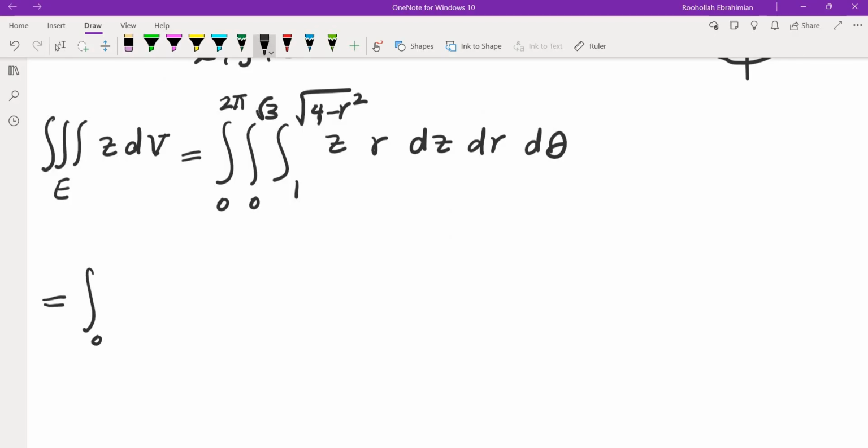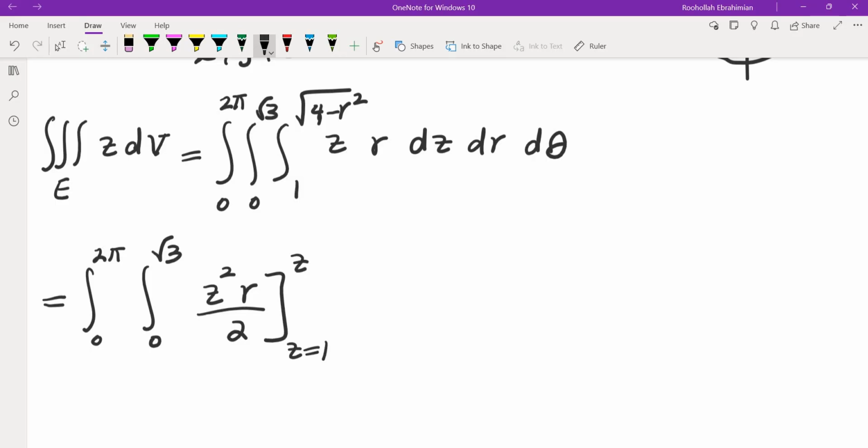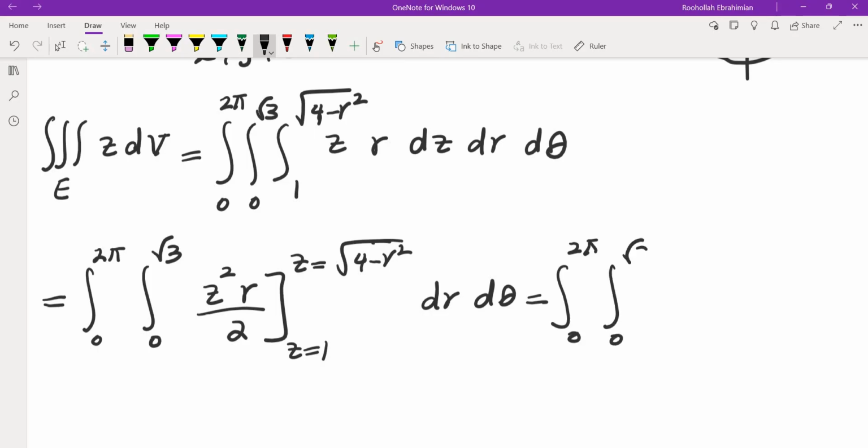So this is the integral from 0 to 2 pi, integral from 0 to root 3. So the integral of z is z squared over 2. And this one we have to substitute z equals 1 to z equals the square root, which fortunately gets rid of this square root. We get the integral from 0 to 2 pi, integral from 0 to root 3.